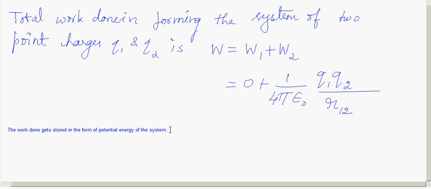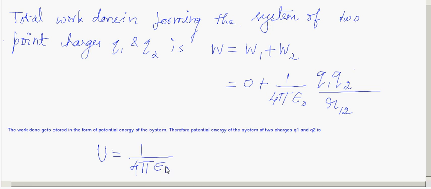Therefore, potential energy of the system of two charges q1 and q2 is U equal to 1 by 4 pi epsilon naught into q1 q2 divided by R12, where R12 is the distance between q1 and q2.